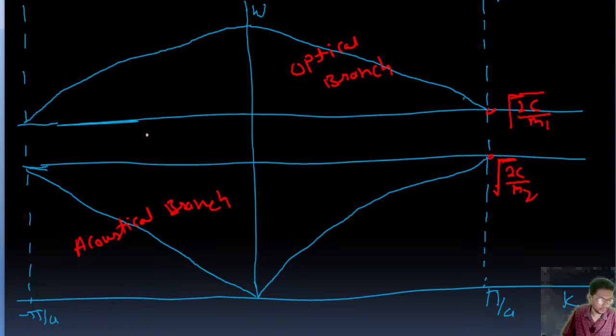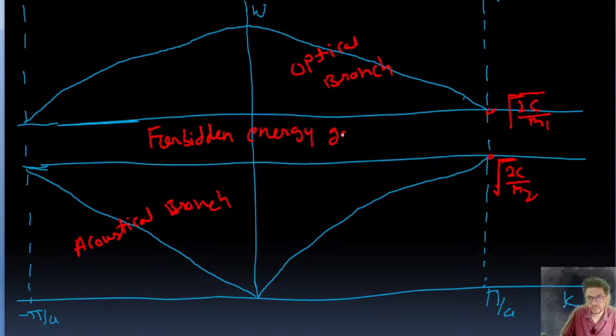And this is the forbidden energy gap. This is the optical branch, that is omega plus.